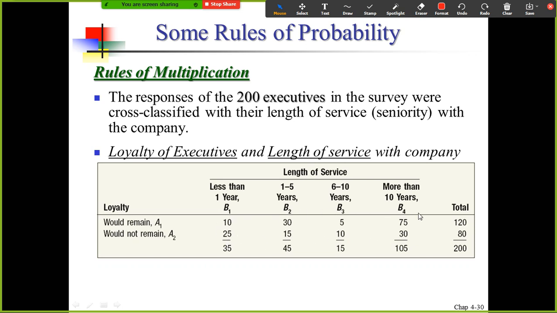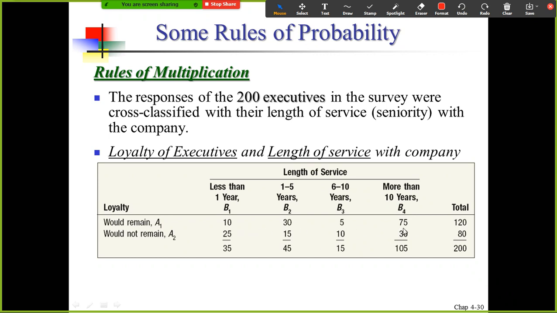Among all executives, we also classify them by length of service, that means the period of time they have been working. So let's see the executives that answered stay in the same company, 120. 10 work less than 1 year, 30 work 1 to 5 years, 5 work 6 to 10 years, 75 work more than 10 years.